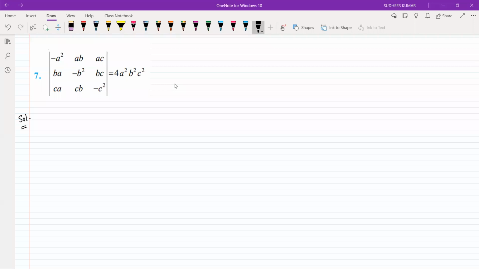This is the trick we are going to use in these questions. So what is the right side part value in this question? RHS is 4a square b square c square. 4 is a constant, we'll get it. But we'll try to make the left side part in terms of a square, b square and c square.